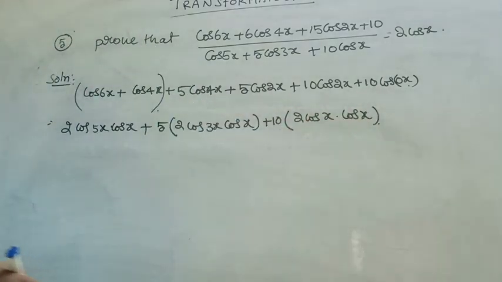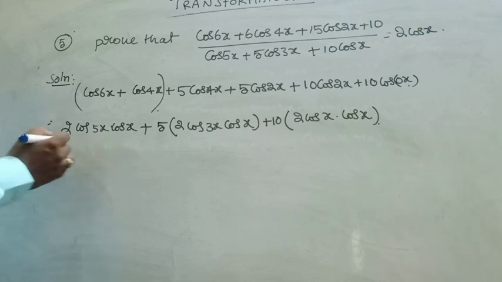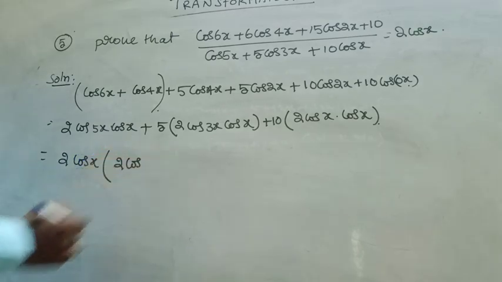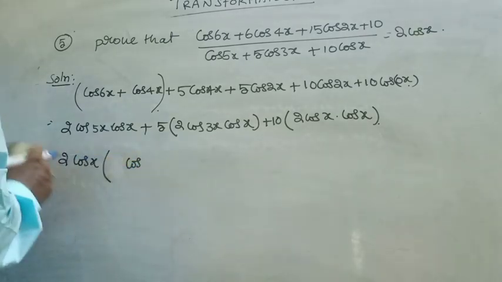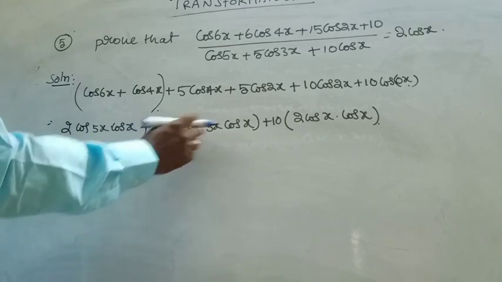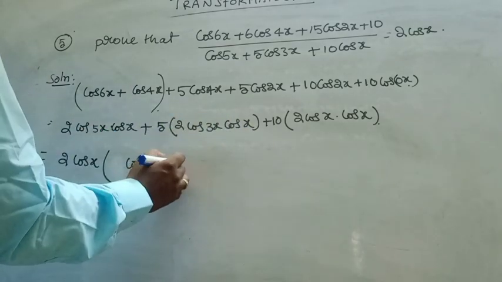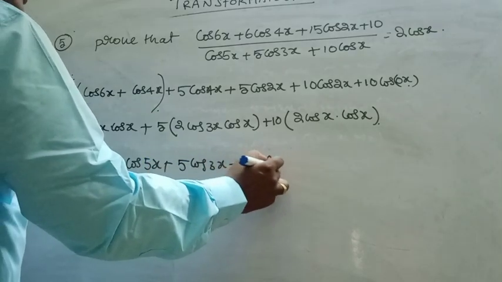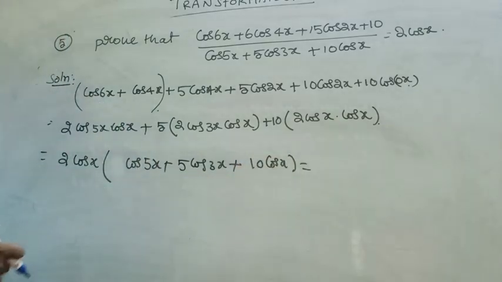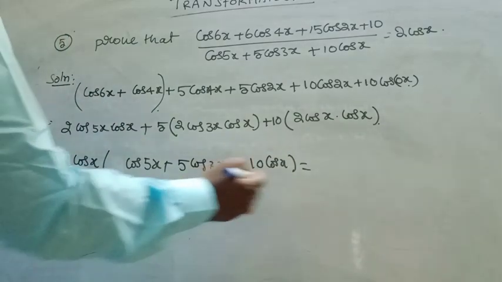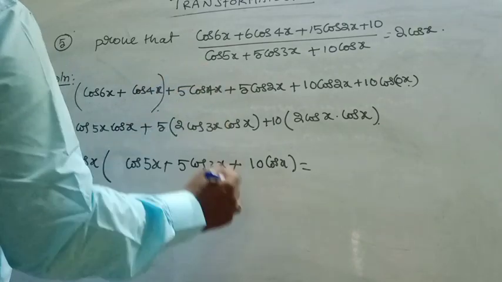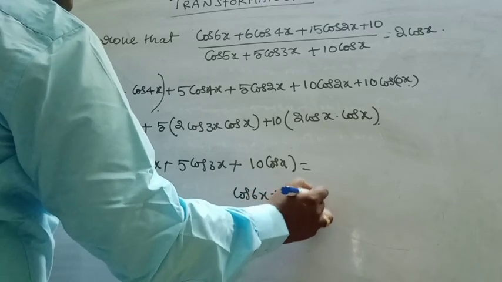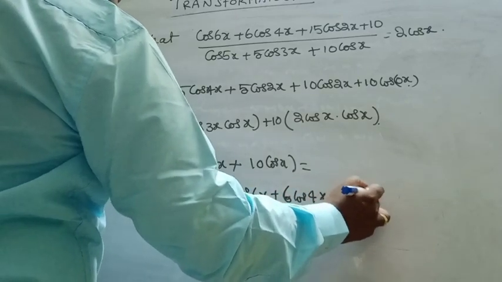Wonderful. See my dear students, now I can take 2 cos x common in all of this. If I take 2 cos x common, what am I going to get? Cos 5x, then 5 cos 3x, plus 10 cos x. This is actually equal to what we have taken, cos 6x plus 6 cos 4x plus 15 cos 2x plus 10.